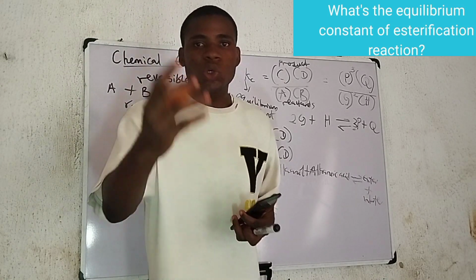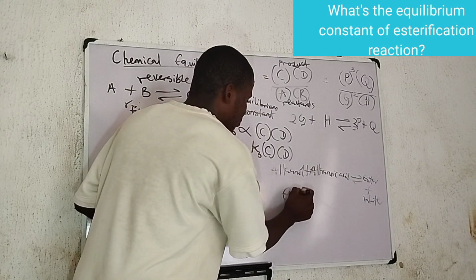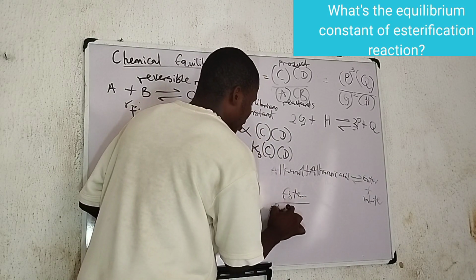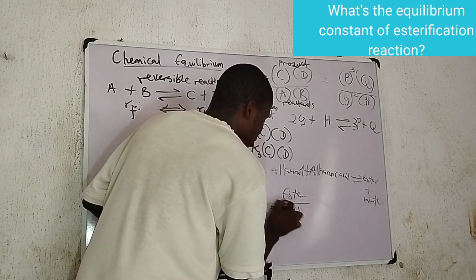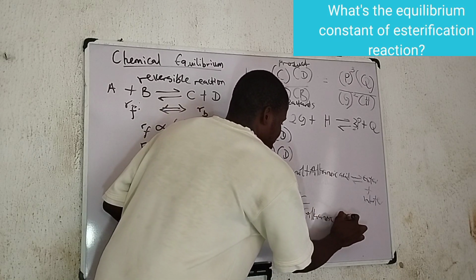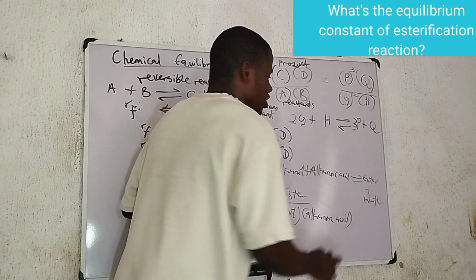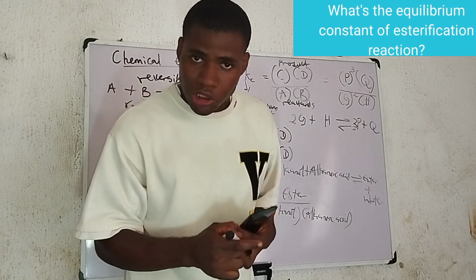I hope it makes sense. So the answer to the question on our screen is ester all over alkanol times alkanoic acid. We didn't put water because the equilibrium constant of water that's meant to be here is 1. Does it make sense?